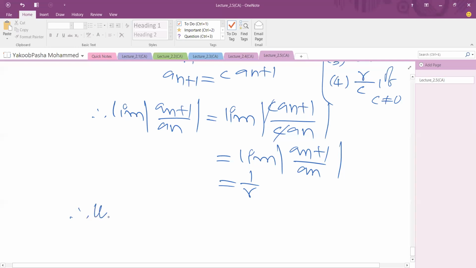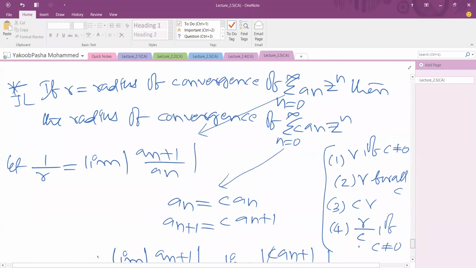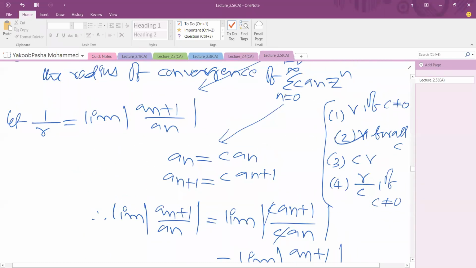Therefore the radius of convergence of the power series summation n equal to 0 to infinity c a_n z^n is also r, for all c. Okay, so the second option is the right option.